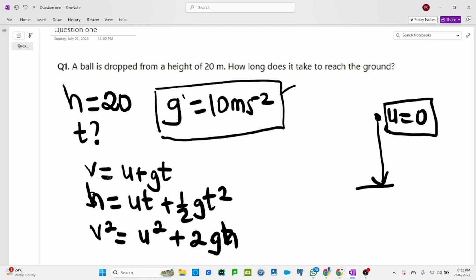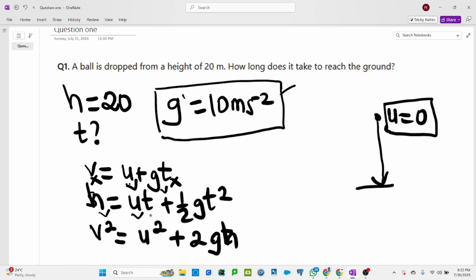So now let's go to the first equation. Do we know V? V was not given to us. U was given to us, which is 0. G is already known, and T is not given to us. So there are two unknowns in this equation, so we are not using that. H was given to us.